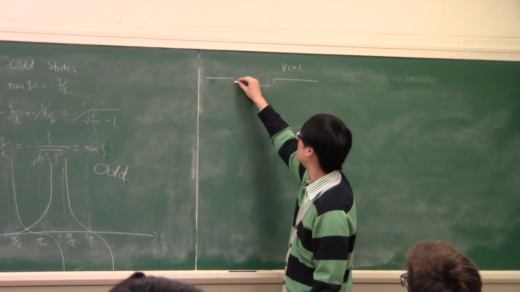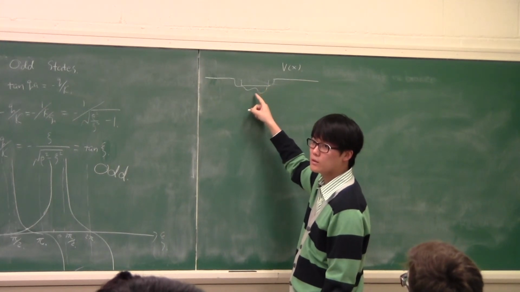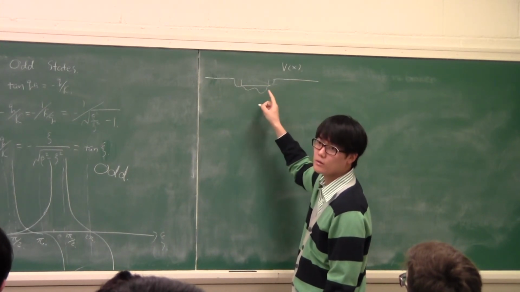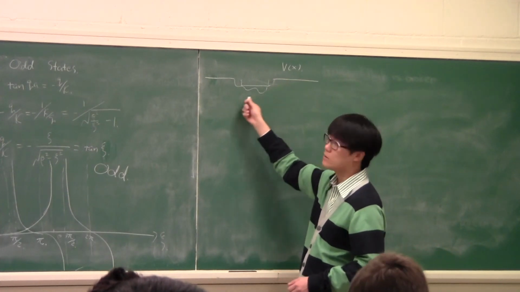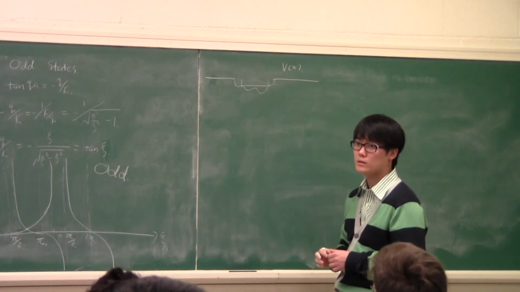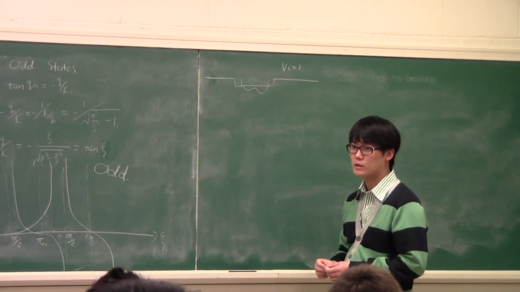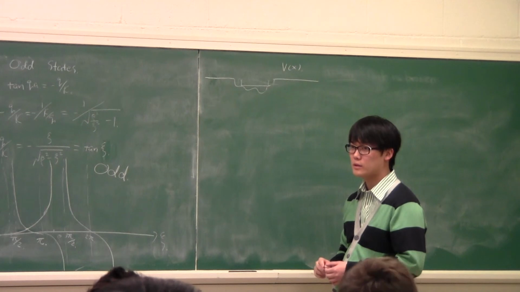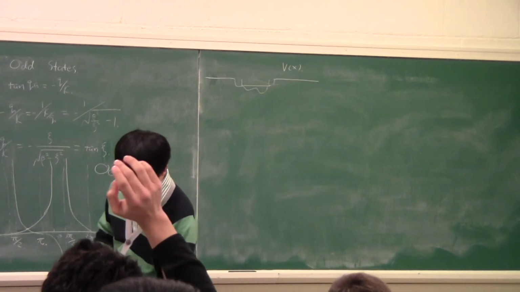So if I have a bound state in this well, there must be a bound state in this bigger well. This tells you that for a class of potentials like this, there's always a bound state, no matter how small the dip is. So this is another important message.